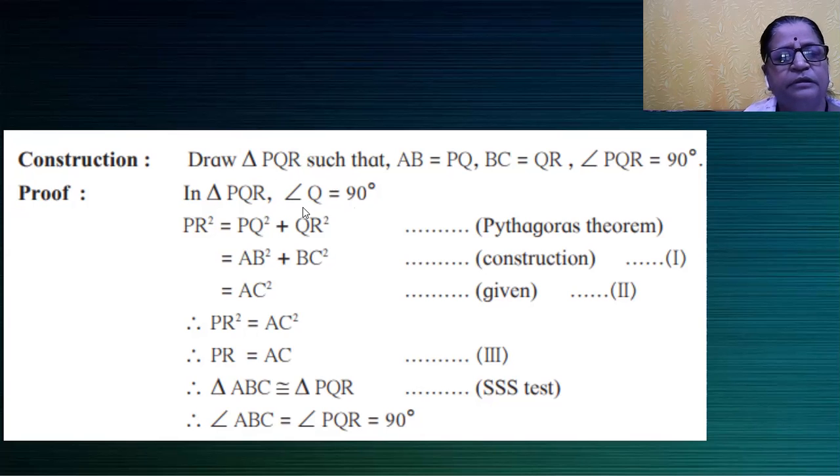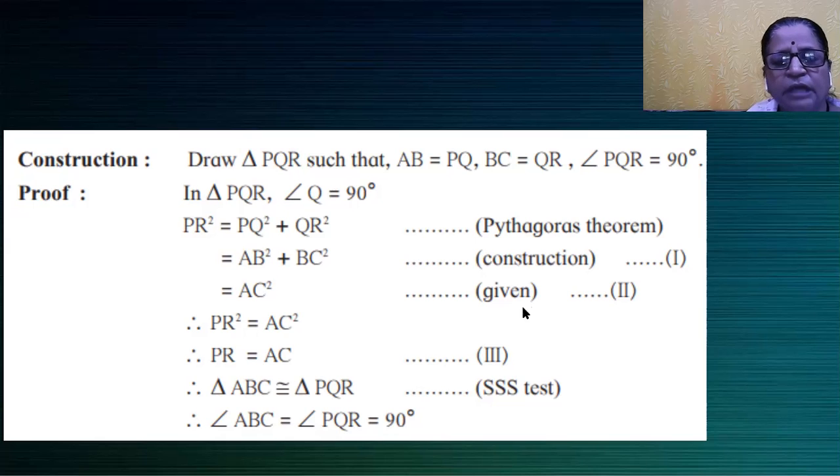According to the Pythagoras theorem, hypotenuse square is equal to the sum of the squares of the other two sides. So PR square is equal to PQ square plus QR square. As much as PQ was, that much we took AB, and as much as QR was, that much we took BC, according to construction. So AB square plus BC square, as given, is AC square.